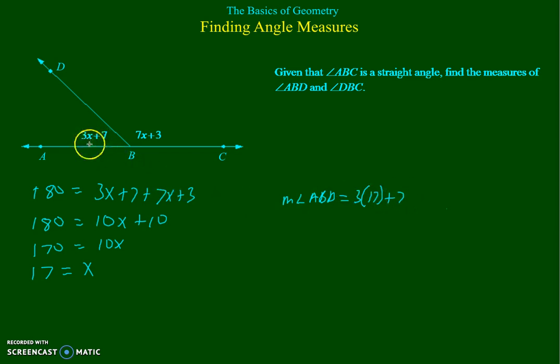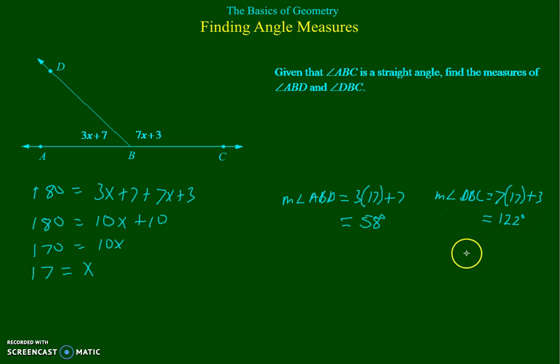We just substituted 17 in for the x here. And the measure of angle DBC is 7 times 17 plus 3. So this is going to give us 58 degrees. And this is going to give us 122 degrees.